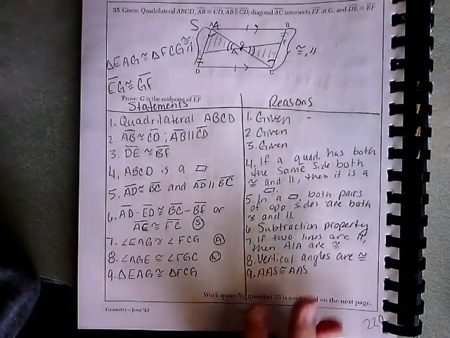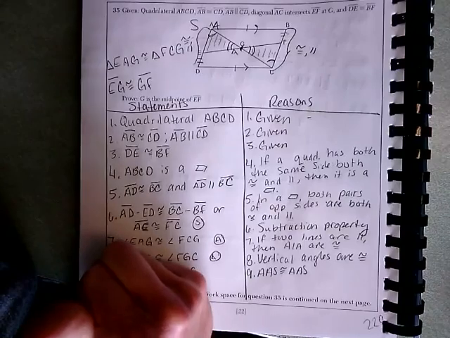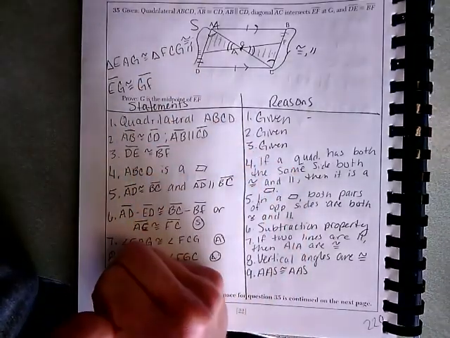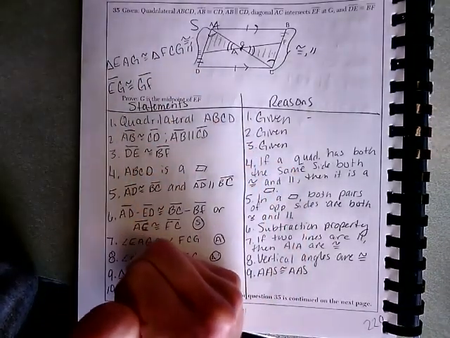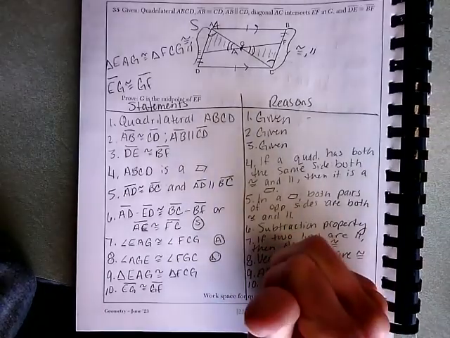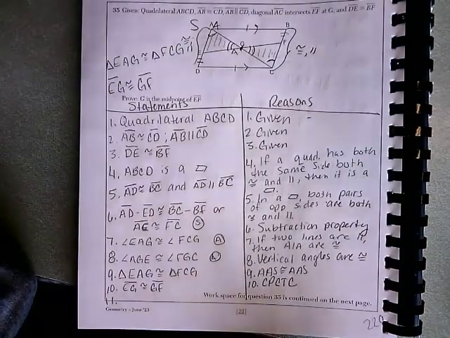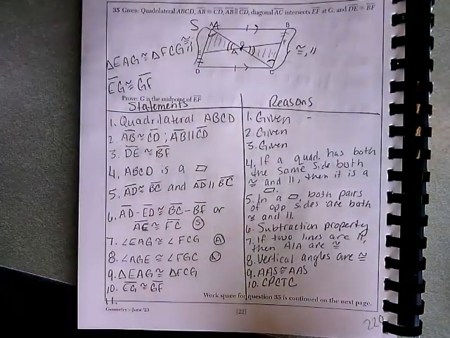Okay. So now that we said that these two triangles are congruent, so now we can say that this is congruent. This is true. So now we can say that EG is congruent to GF by CPCTC. Okay, so now we've said that.